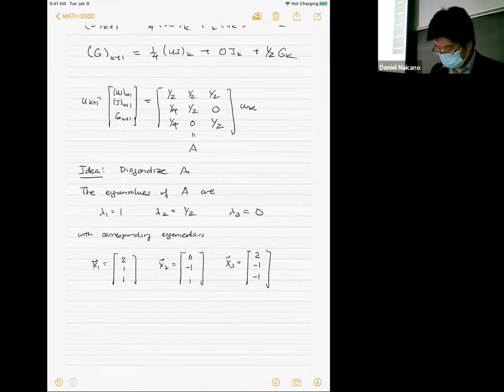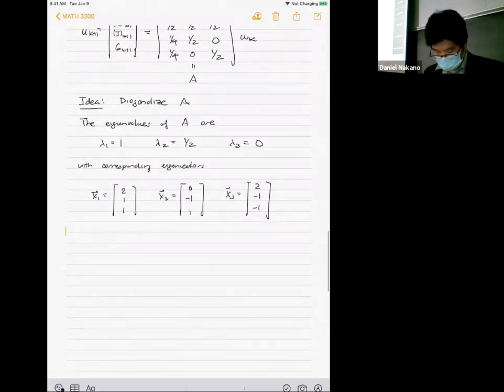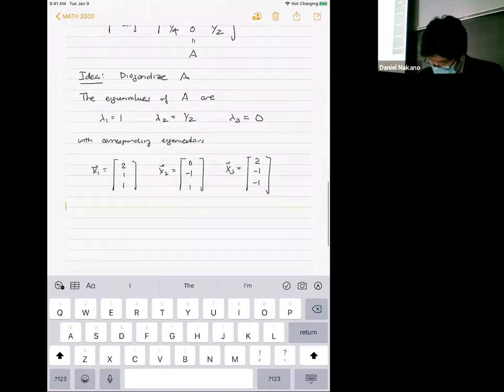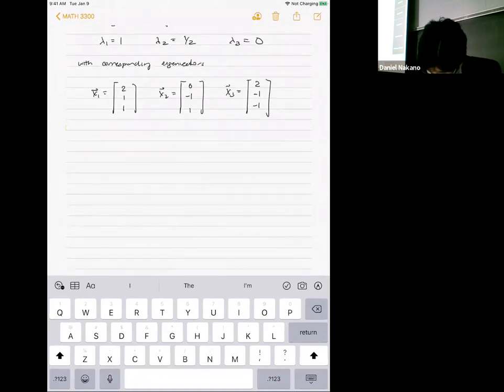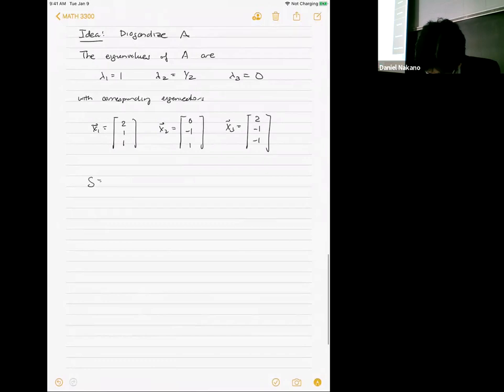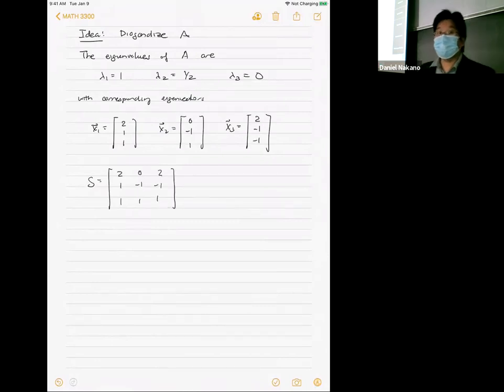All right. So now what's the matrix S? The matrix S, we just have the eigenvectors down the columns. Okay. And then you can find S inverse by various methods.